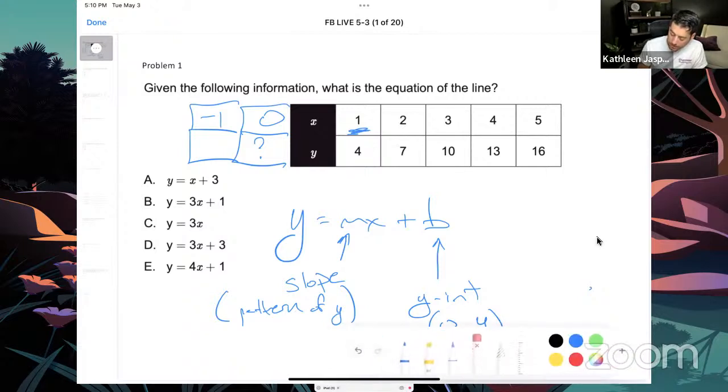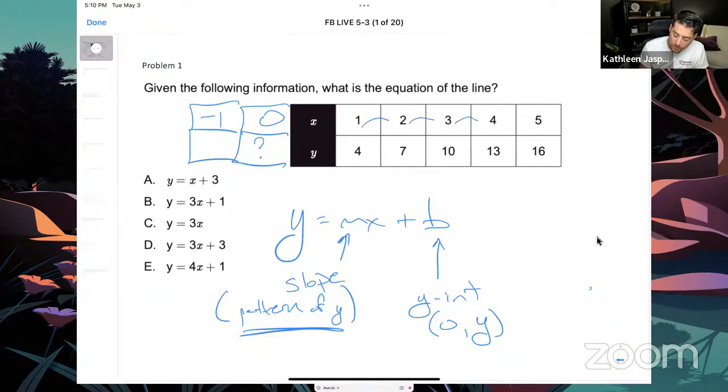So now I'm going to go to my slope. Now, when I say the pattern of y, look at 4 and look at 7. As long as, and this is important too, see how x goes from 1 to 2, 2 to 3, 3 to 4, 4 to 5. It goes consecutively. Sometimes you'll see it where it goes from 1, 3, 8, 22.